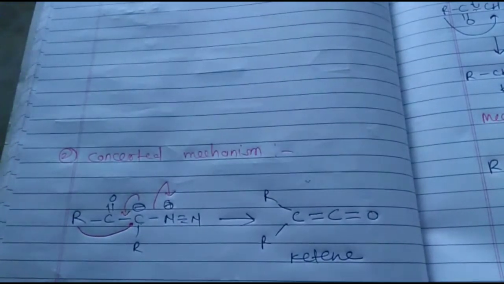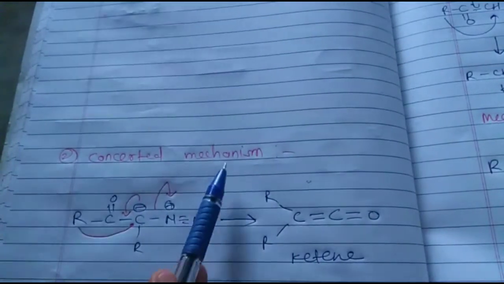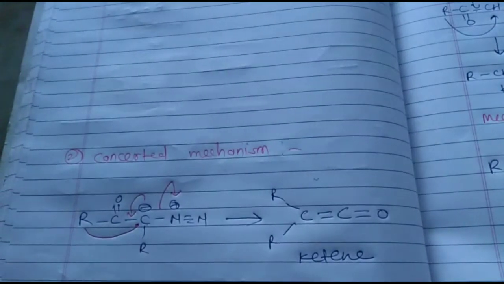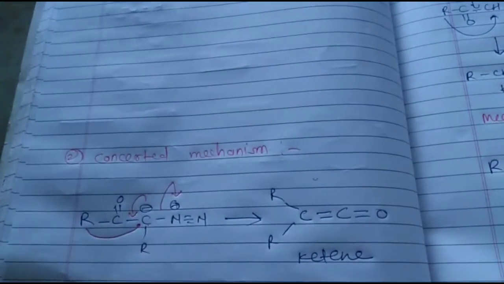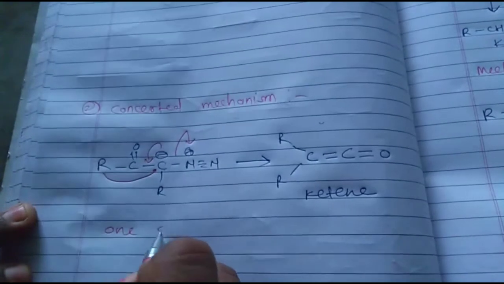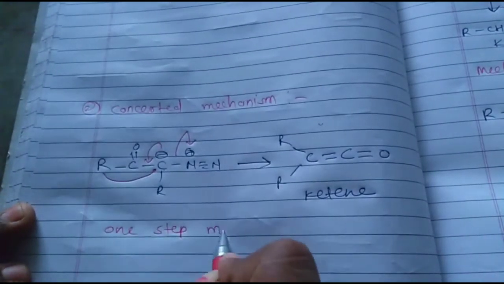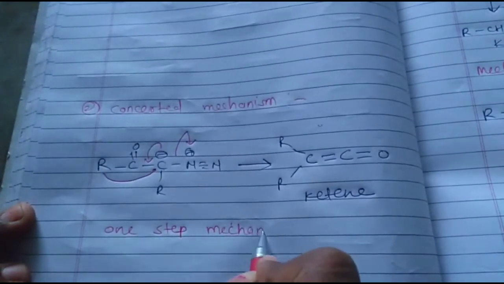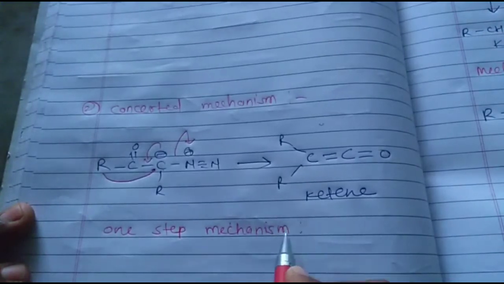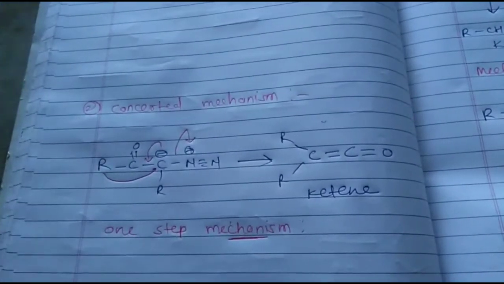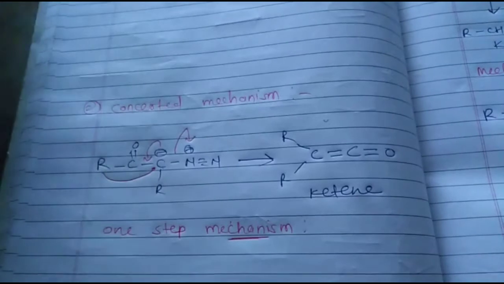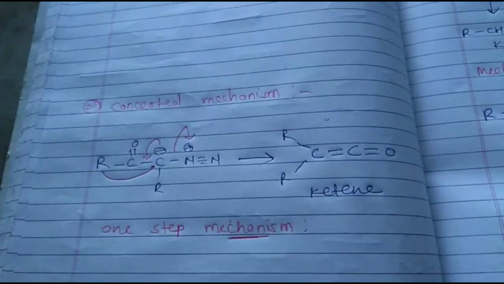This type of mechanism is called a concerted mechanism. Concerted means a one-step mechanism, and stepwise means a two, or maybe three to four, step mechanism.